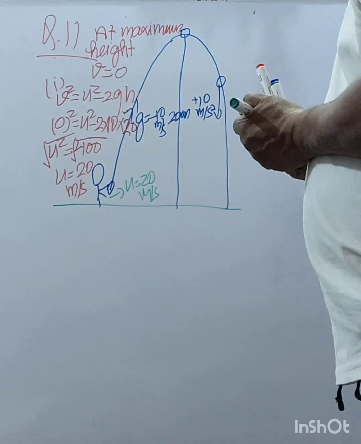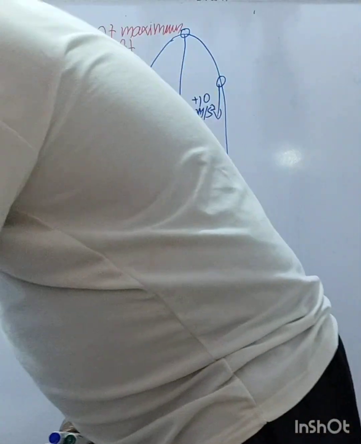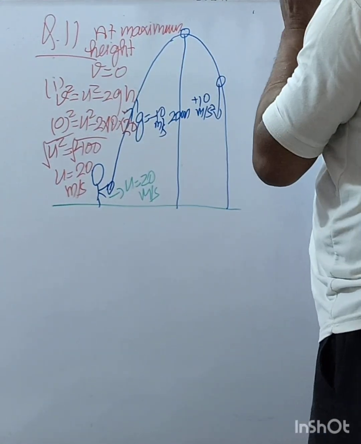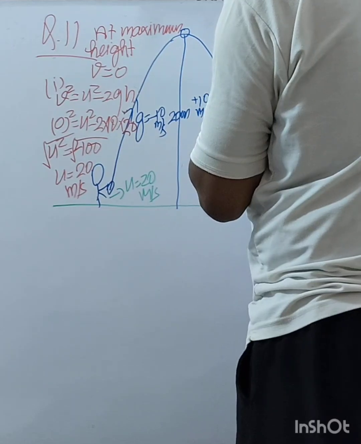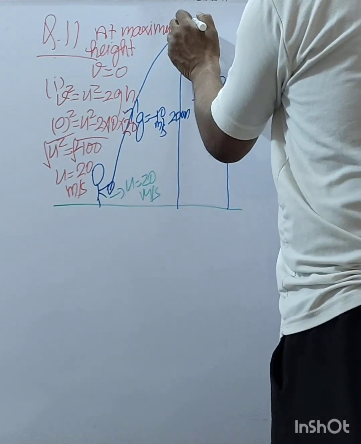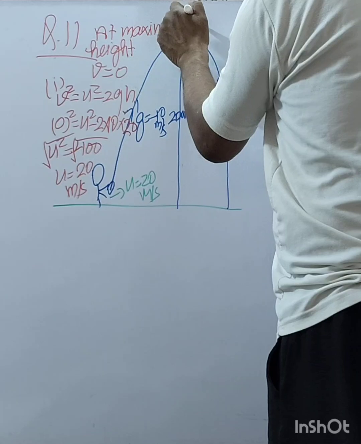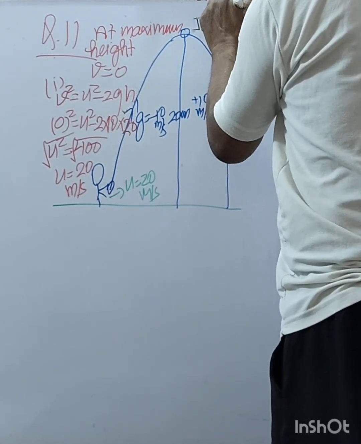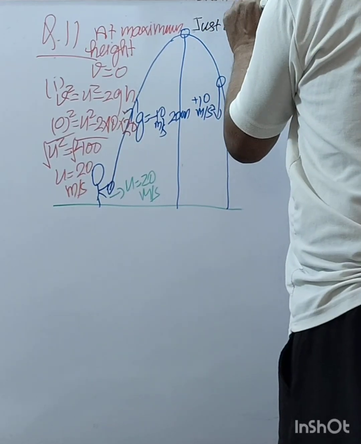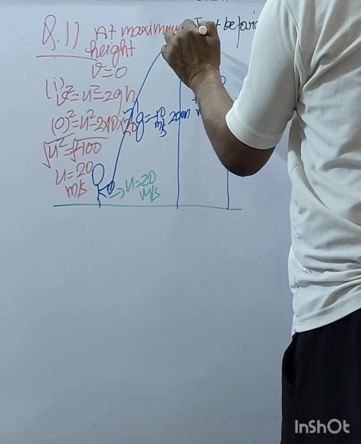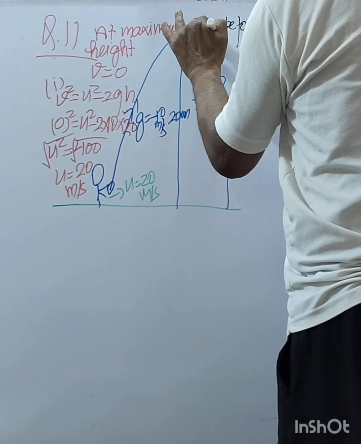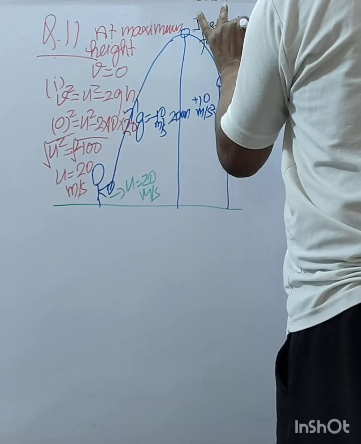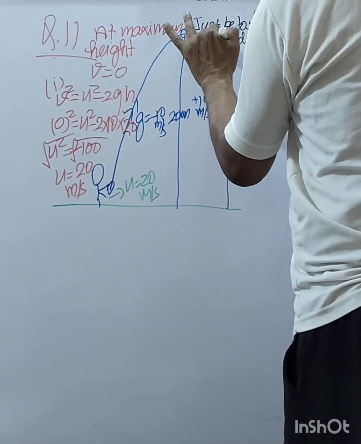Now find the final velocity of the ball on reaching the ground, just before it starts falling down.